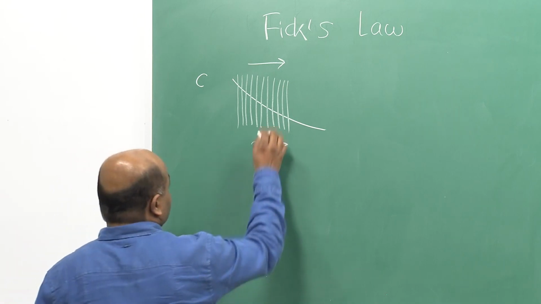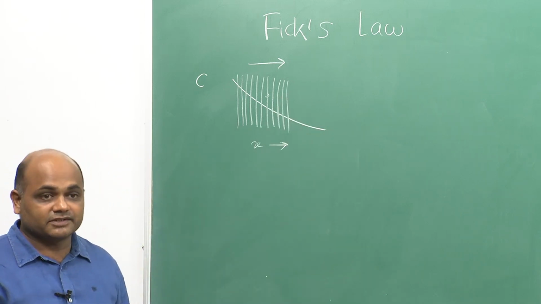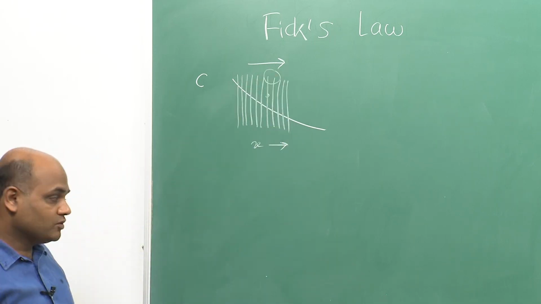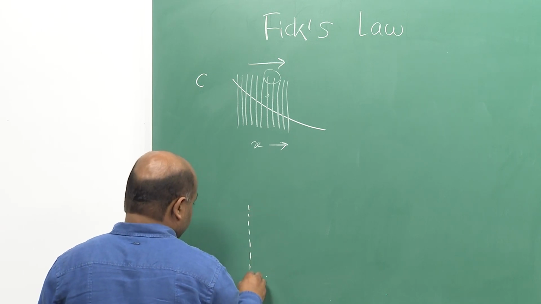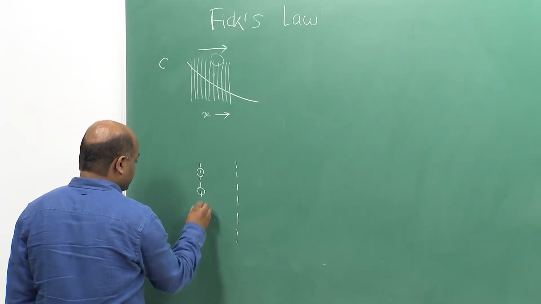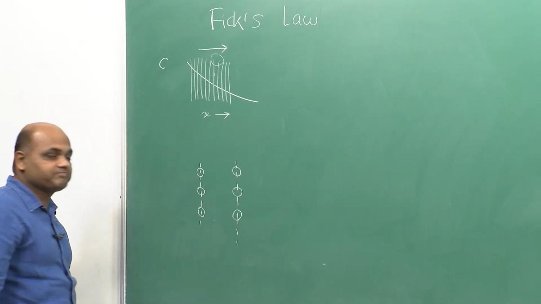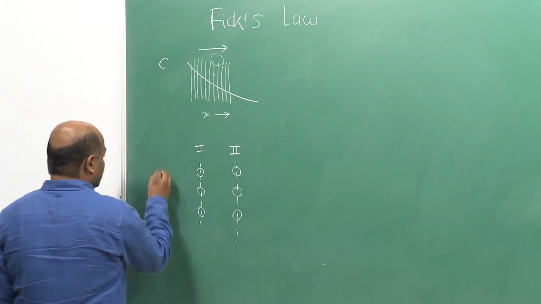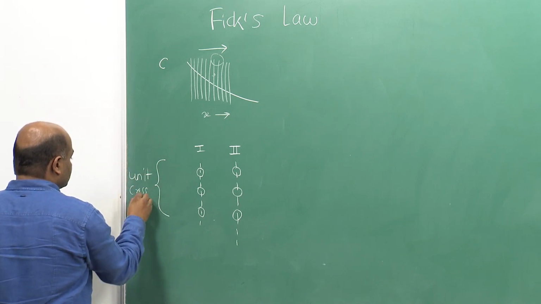The atoms are jumping from one plane to the other in plus x as well as minus x direction, right. So, if I zoom in and see the picture of any two adjacent atomic planes, let us call this plane 1, this plane 2, and suppose we are considering unit cross sectional area of the plane.